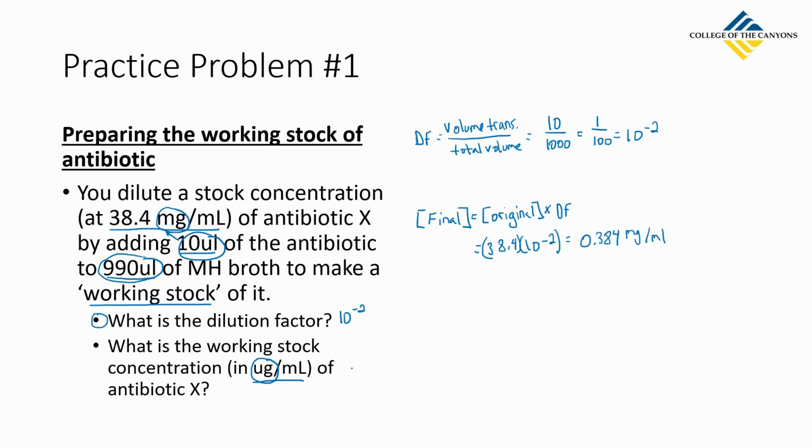But that doesn't give us the answer we want because it has to be in micrograms per mil. So we need to convert 0.384 milligrams per mil to micrograms per mil. You would need to know that 1 milligram equals 1,000 micrograms. That would be the easiest conversion. Or if you weren't sure about that, as long as you knew that 1 gram equals 1,000 milligrams, and that 1 gram equals 1,000,000 micrograms, you could use that as well.